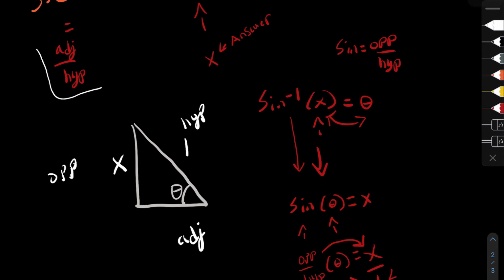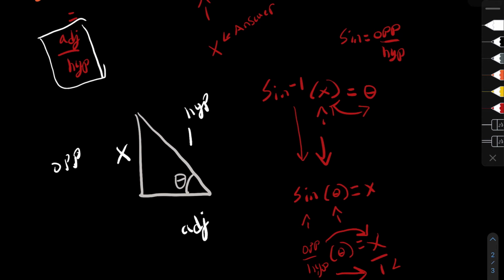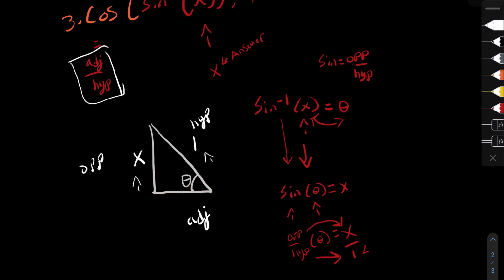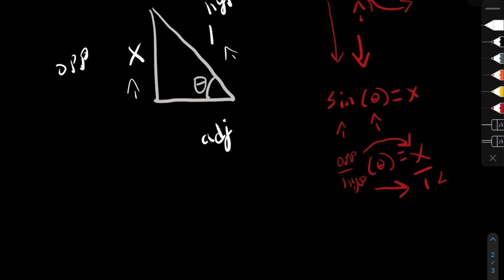We just said that adjacent over hypotenuse is our cosine, and we'll get back to that in a bit. Our opposite value is x, and our hypotenuse is 1. Now we need to see what our adjacent value is, because that's what we're primarily solving for at the end. So now we are going to do the Pythagorean theorem.